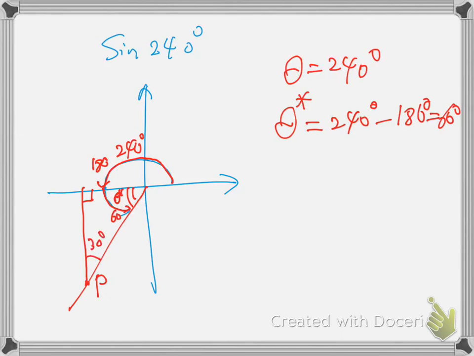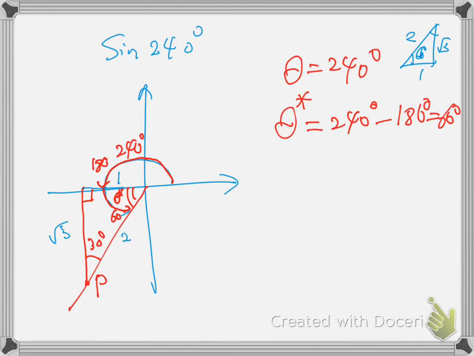What's the corresponding length for 30-60? Here it is 2, radical 3, and 1. The opposite of 60 is radical 3, the opposite of 30 is 1, and the hypotenuse is 2.